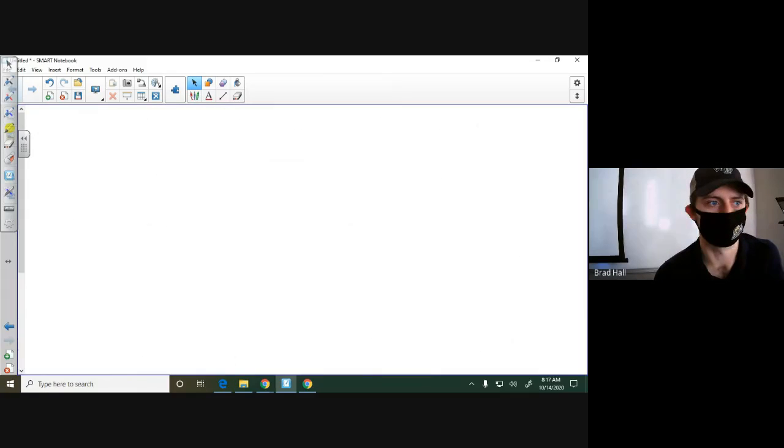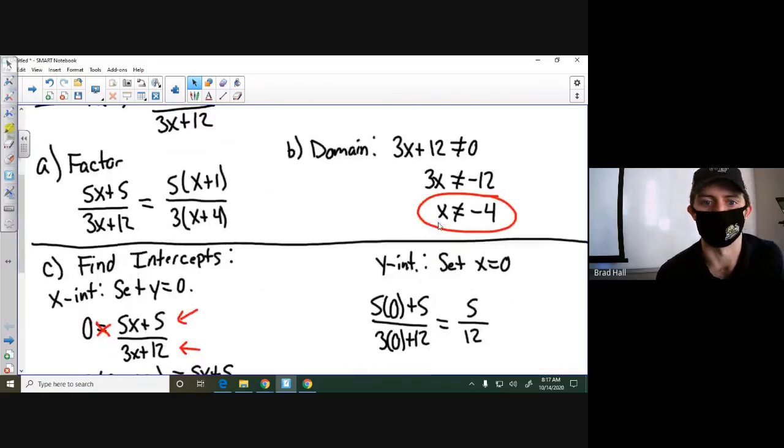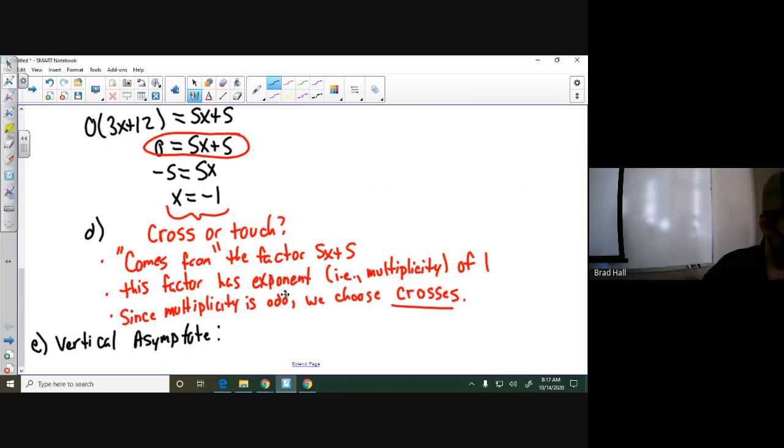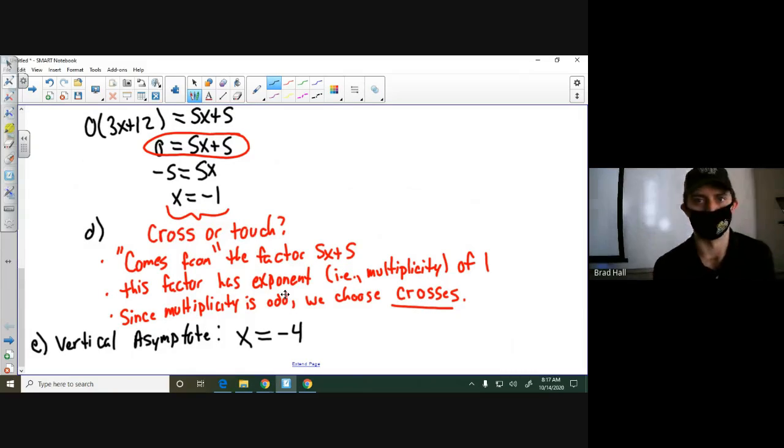So x is not equal to -4. That is exactly what I'm going to write down here for the vertical asymptote, except I'm going to put x equals -4. Notice all I did was change from a not equal sign to an equal sign, and that's all I did.